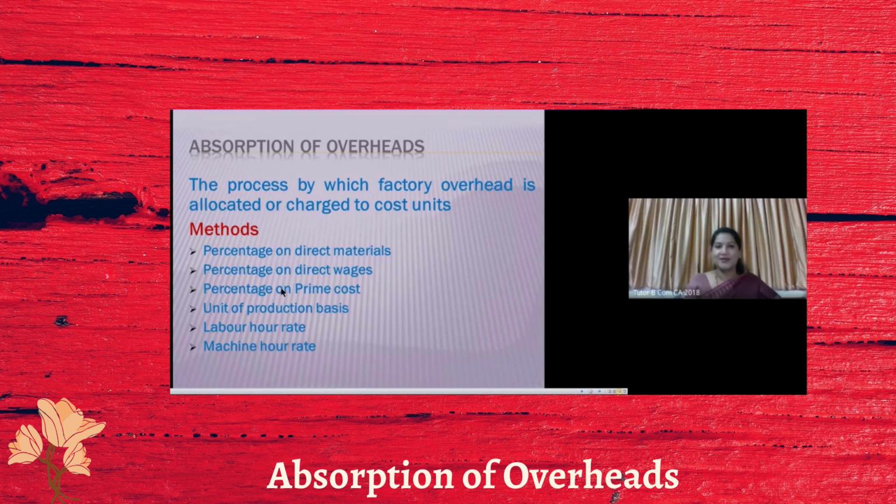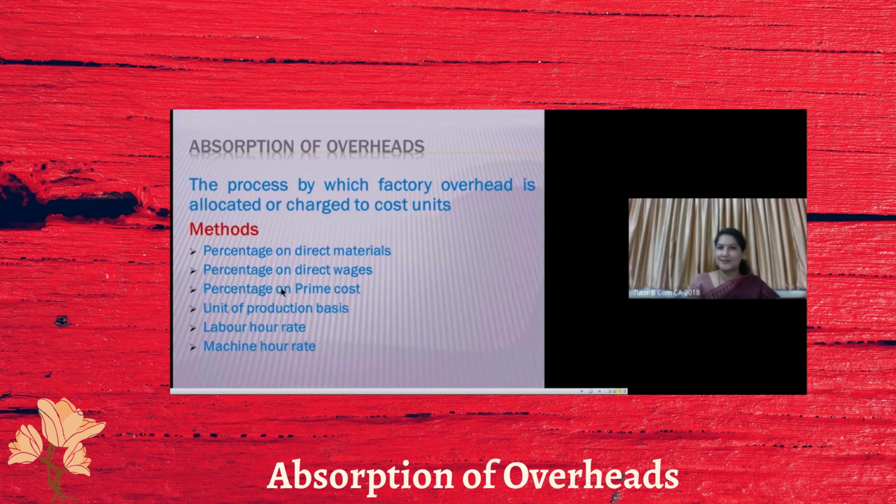Then labor hour rate, here the denominator would be the direct labor hours. How many labor hours were required for the production of that particular unit. That's why the denominator would be the total labor hours taken for the production of that particular product. And the last is machine hour rate, which, as I said, is the most commonly used method, which can help us make a comparison because of its uniformity.